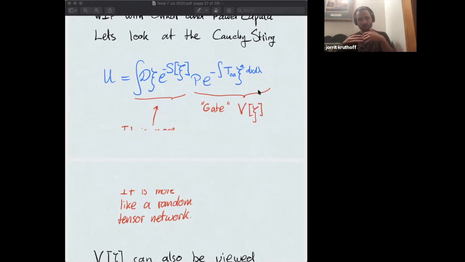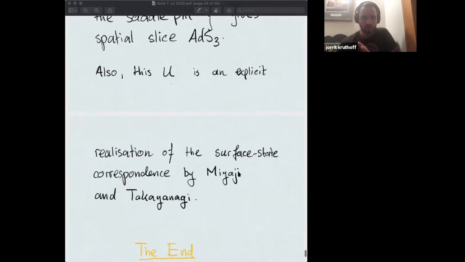So this U is sort of an explicit map that realizes the state-surface correspondence. It relates a state in the boundary theory with a particular surface in the bulk, which goes back to an idea by Miyaji and Takayanagi. Yeah, and with that, I want to end my talk. Thank you.